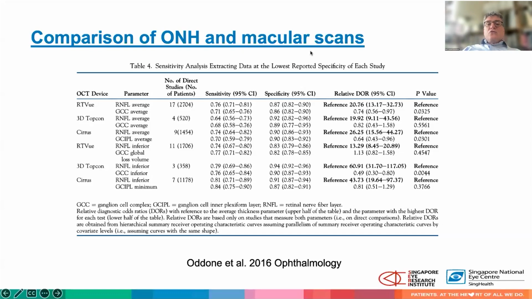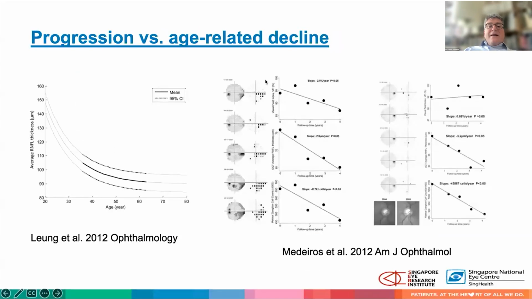It is, however, true that in patients that have very central scotomas, and those patients that are highly myopic, the macular scans may be preferable, whereas in those that have very peripheral visual field defects, the optic nerve head scans may be preferable.